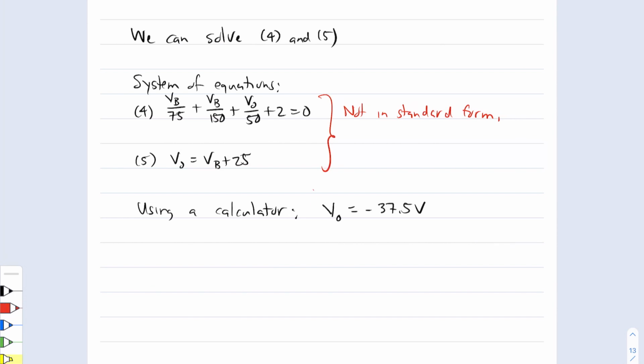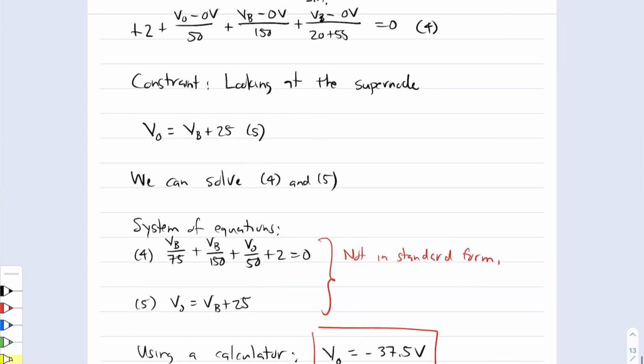So I'll leave the rest of those details to you guys. But this was the very thing that we were looking for. And as a bonus, VB, if you wanted to get it, could be very easily obtained by using this equation, just literally directly plugging in, if you want to do so.